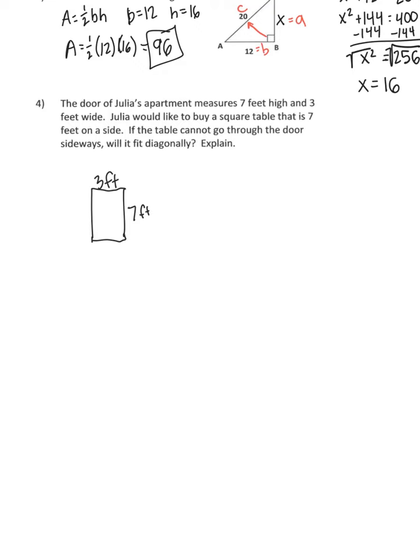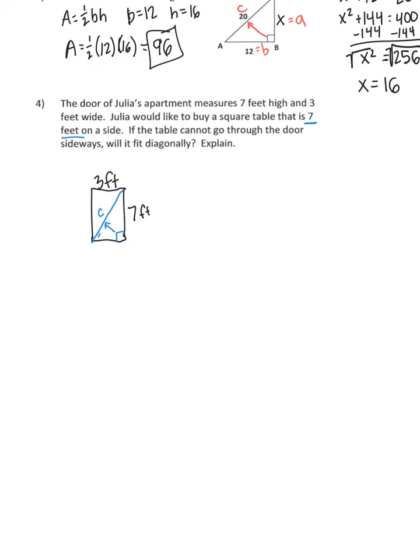So think about taking our table, trying to fit it through this door. If it doesn't fit straight up and down, she wants to slide it through diagonally through this space here. So we want to figure out how long this diagonal is and see if it's going to fit that 7 feet. So in order to find that length, we need to set up our Pythagorean theorem.